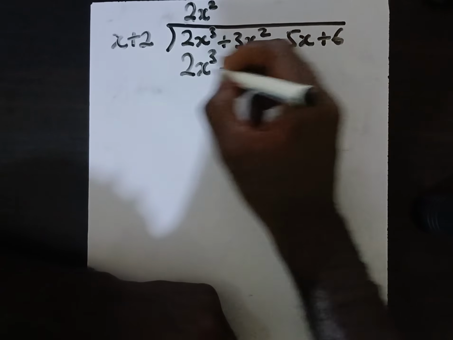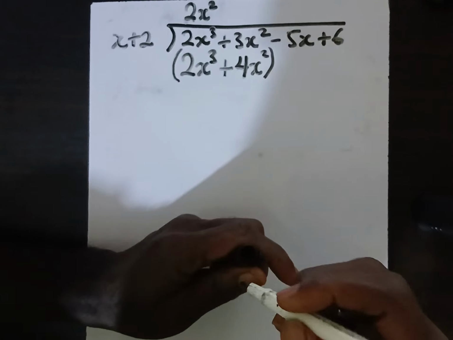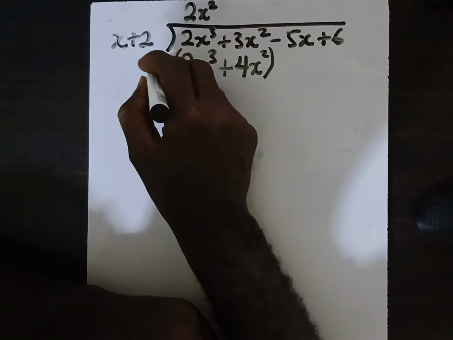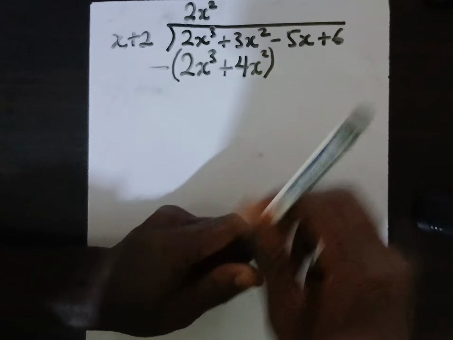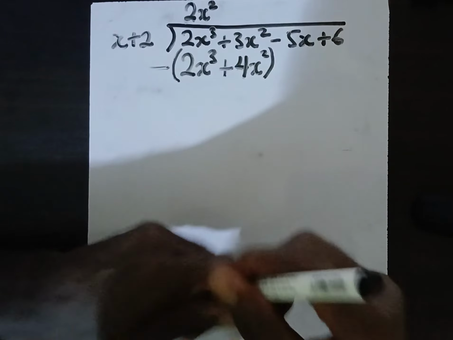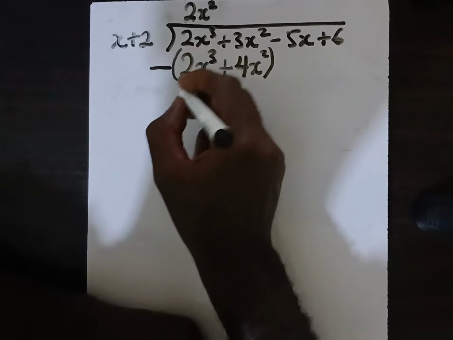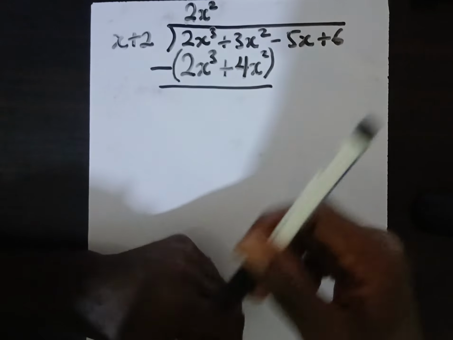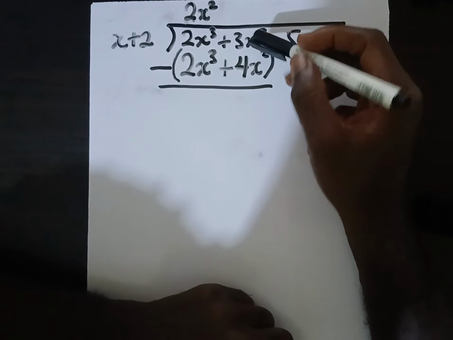Now you indicate your brackets, then you bring your subtraction sign here. It's similar to how we do our normal long division. You bring your subtraction sign and you underline it nicely. Then we do our subtraction starting from here.